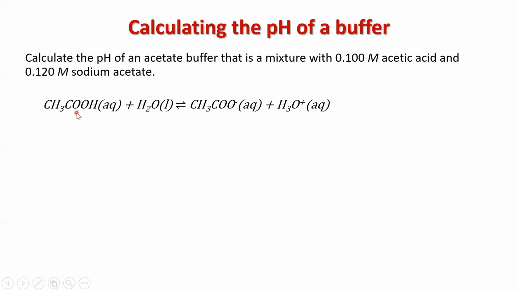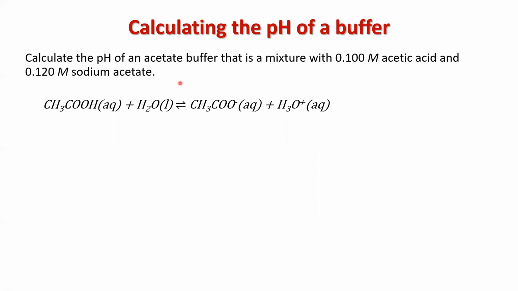We've got acetic acid, CH3COOH. You'd be given this; you don't need to memorize it. And we're reacting it with water. Acids donate their hydrogen ion, so the conjugate base of acetic acid is acetate ion, and the conjugate acid of water is hydronium. And we've got our arrow in two directions.